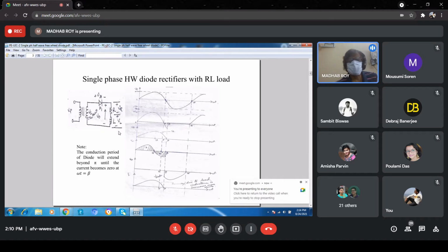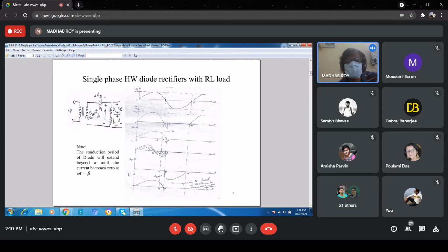So in that sense the current will be like this. This will be the voltage across the load, and this will be VR.